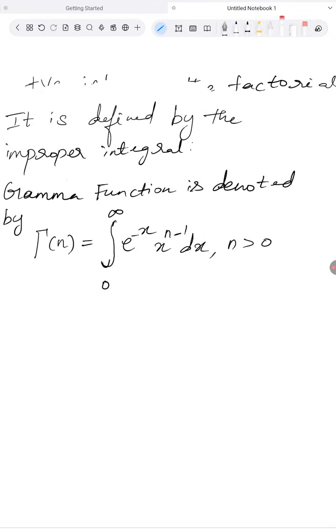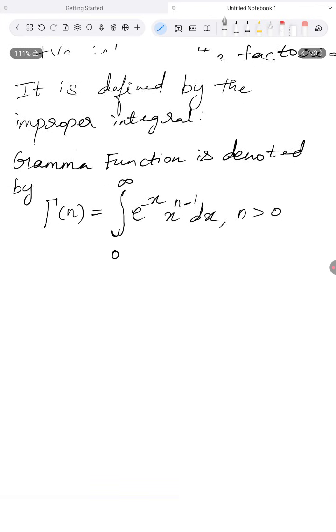Gamma of n is equal to, it's an improper integral, so the integration is from 0 to infinity, e power minus x, x power n minus 1 into dx, where n is greater than 0. Under this we'll be having a few properties, and we'll see in detail about those properties one by one.